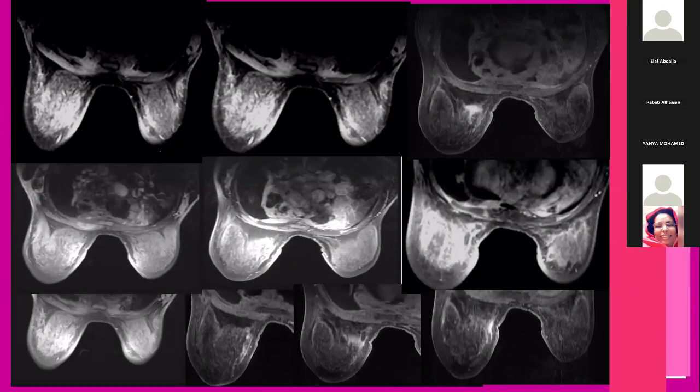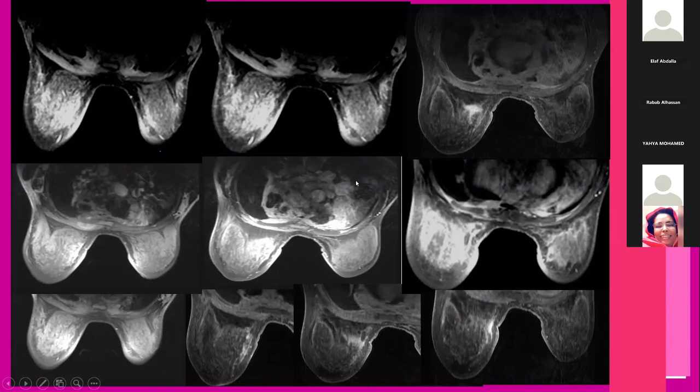And MRI demonstrates diffuse enlargement of the breast and the breast edema more on the right side, as well as patchy areas of bilateral non-mass-like enhancement, signifying that there is underlying breast disease.